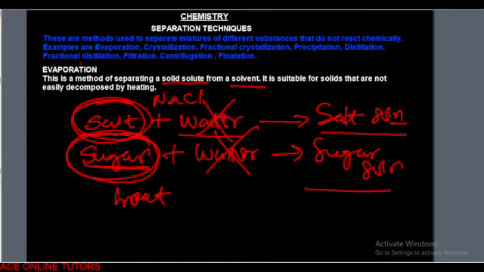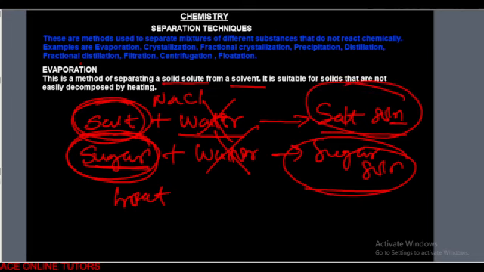Just pour sugar inside a container, then put it on fire. What do you notice? It is going to turn to a liquid, something black. So that means the sugar is not stable to heat. So that's why you cannot use evaporation to separate this, because it is the sugar that you want, and the sugar will be affected. But you can use evaporation to separate salt solution because it is the salt that you want, and the salt will not be affected.